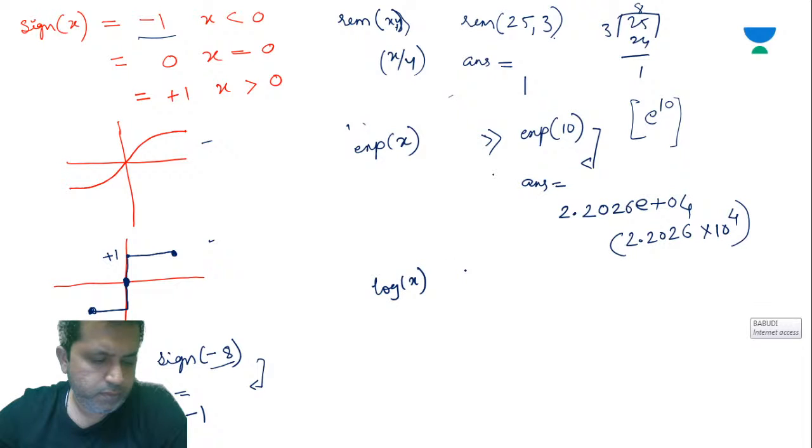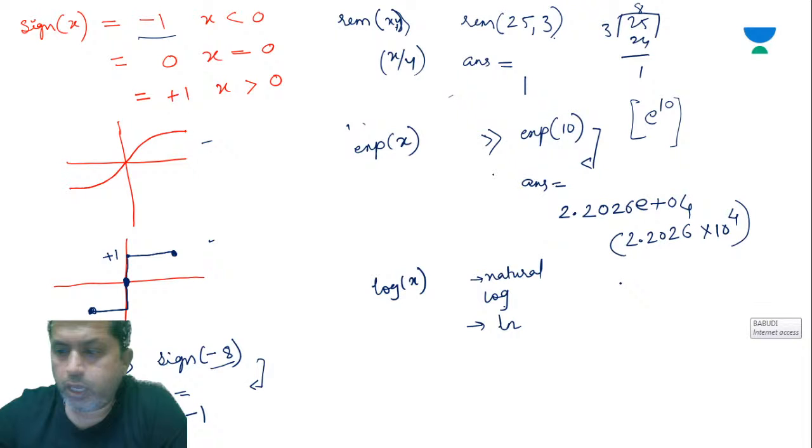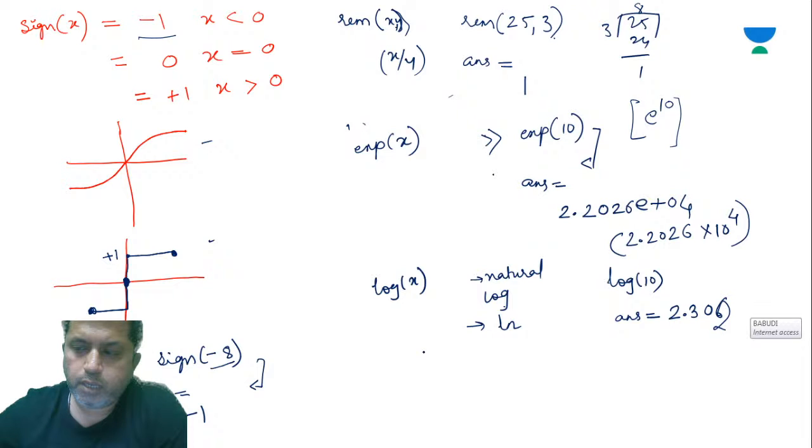Next function is log x. It calculates the natural logarithm, denoted as ln. So log of 10, answer is equal to 2.3026, like this. So this is the natural logarithm.